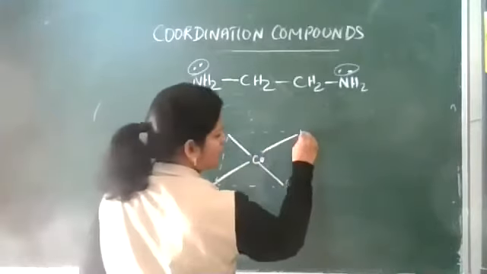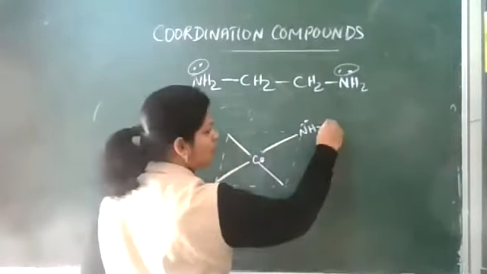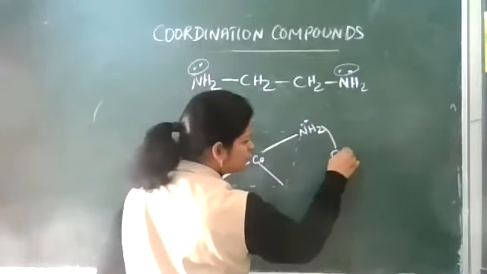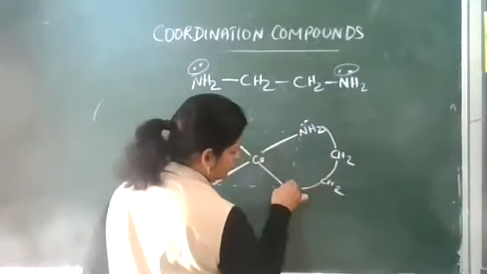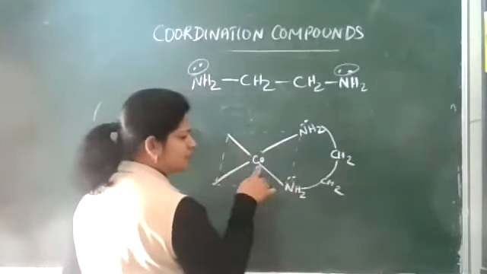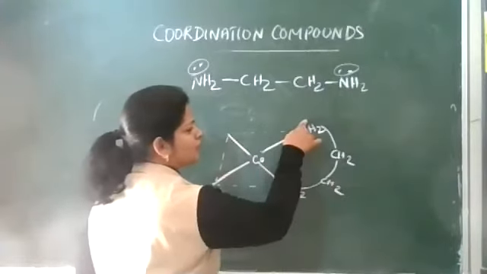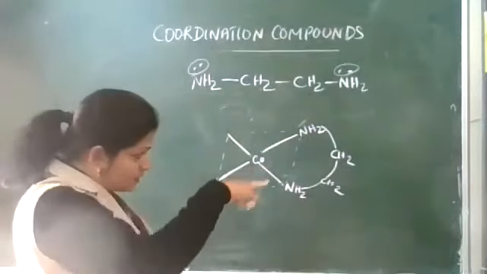This bond is made by this NH2, CH2, NH2. Using this pair of electrons it has made this bond, and using this pair of electrons it has made this bond. So it makes a ring.